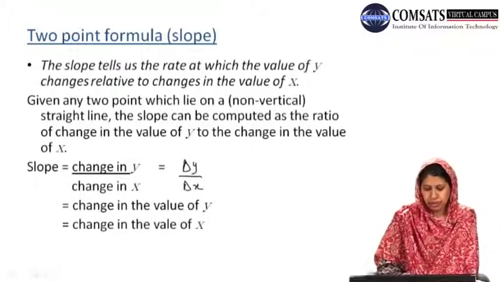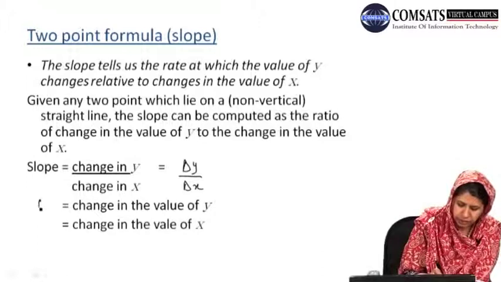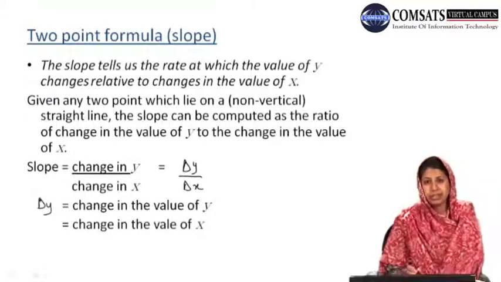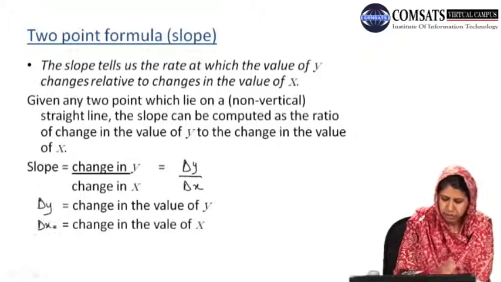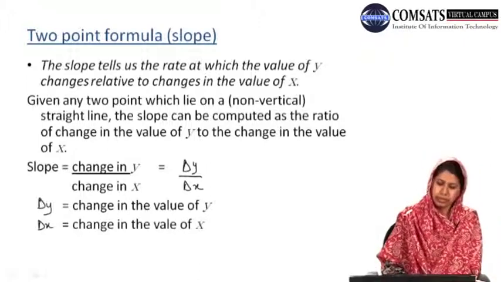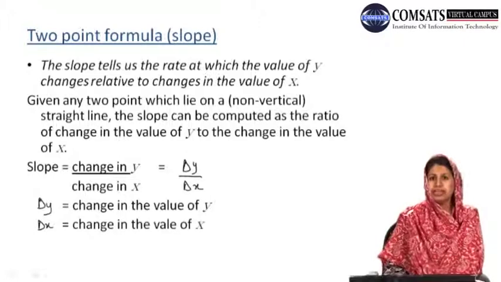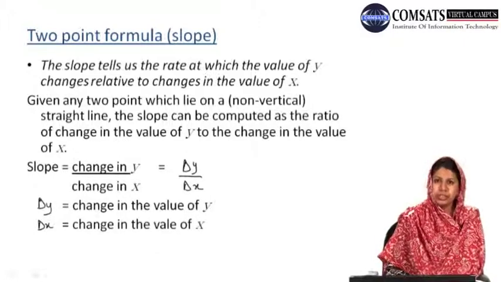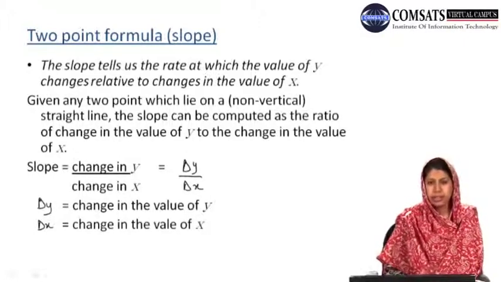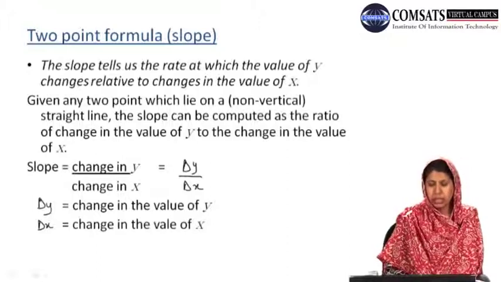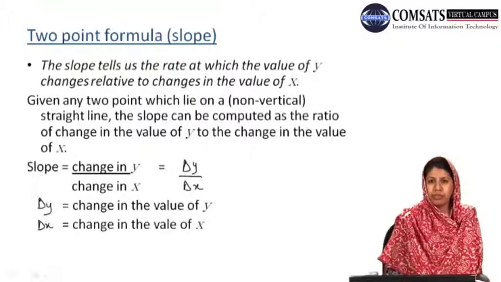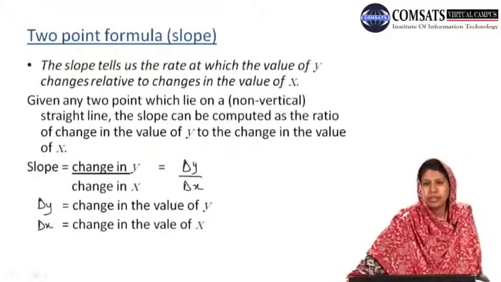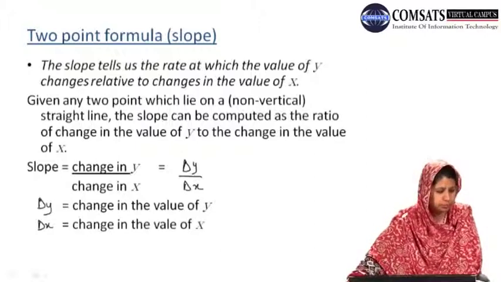That is, delta y represents the change in the value of y, and delta x represents the change in the value of x. So if we are given 2 points on a non-vertical straight line, we can easily find the slope of a line by finding the ratio of delta y to delta x.